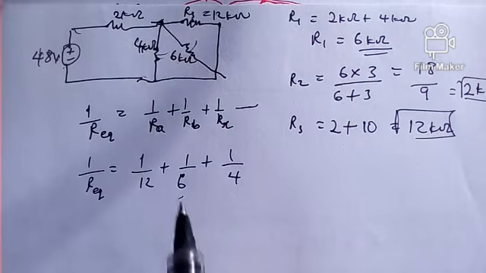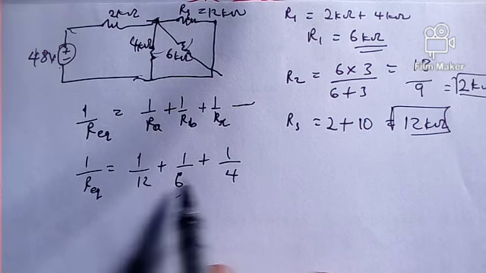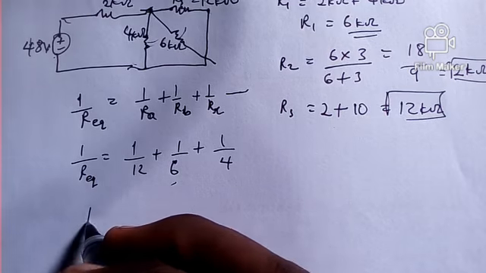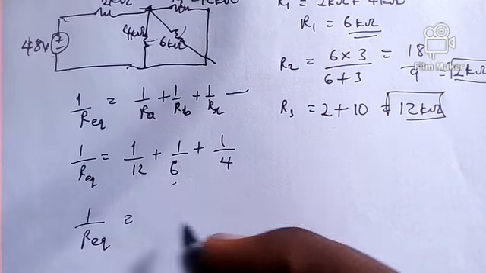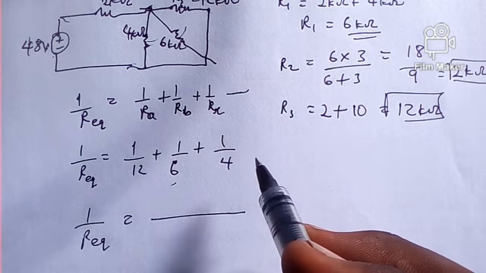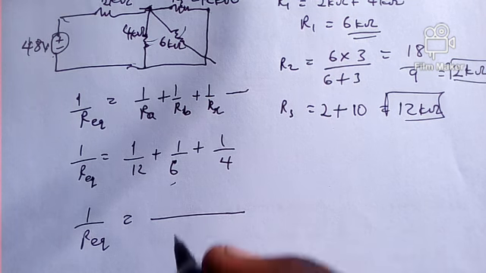So the first thing that we're going to do is to find the LCM of these resistances. The LCM is simply going to be 12. I think so. It should be 12.